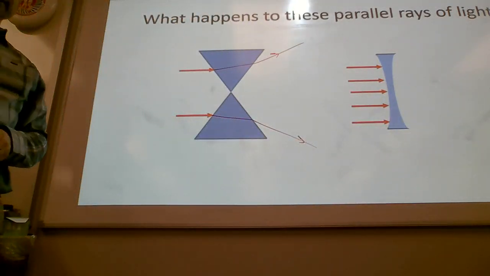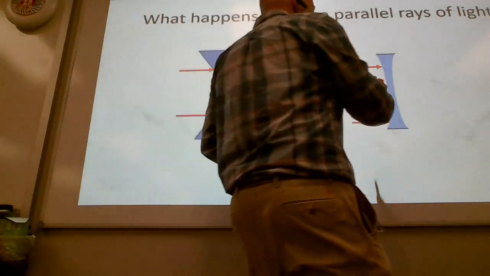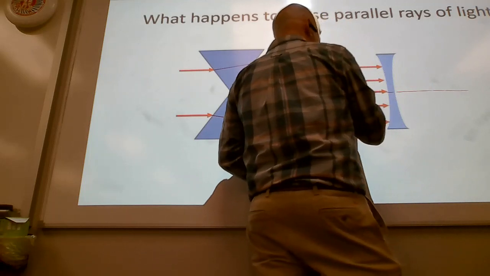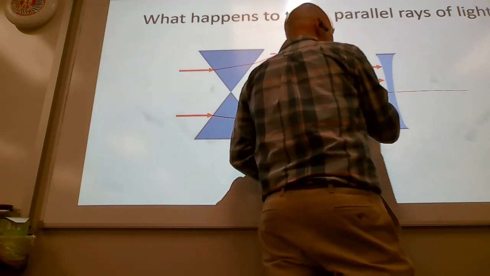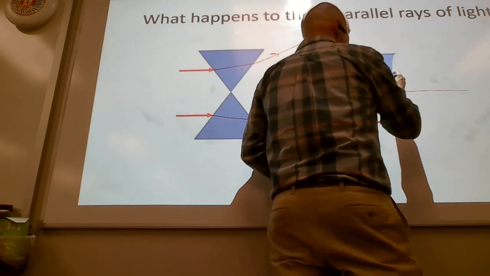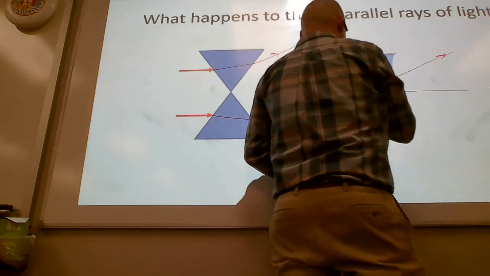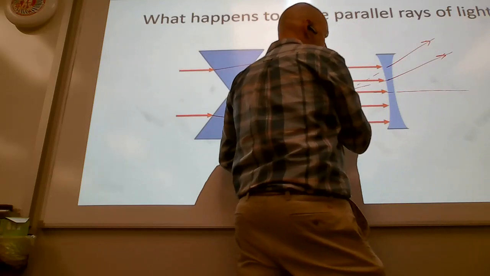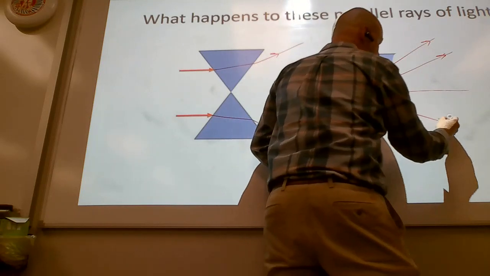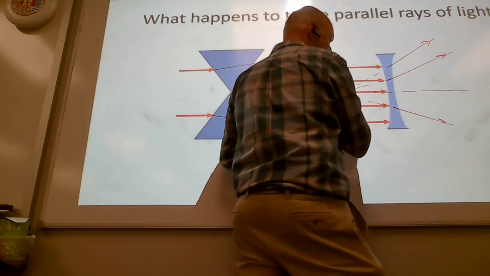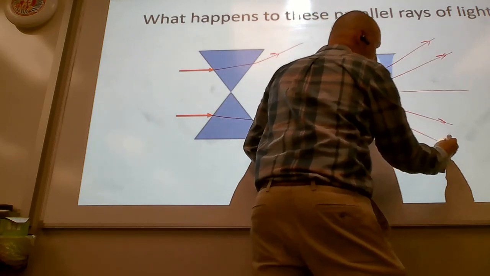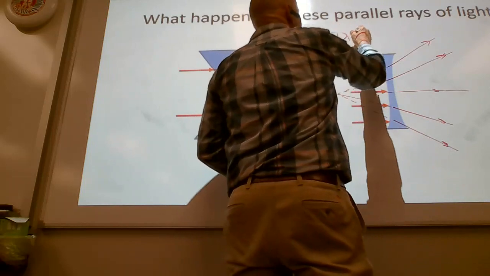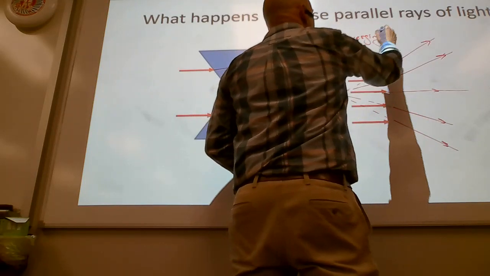Okay, this lens is going to cause light to go away from the focal point. Okay, this is known as a diverging lens.